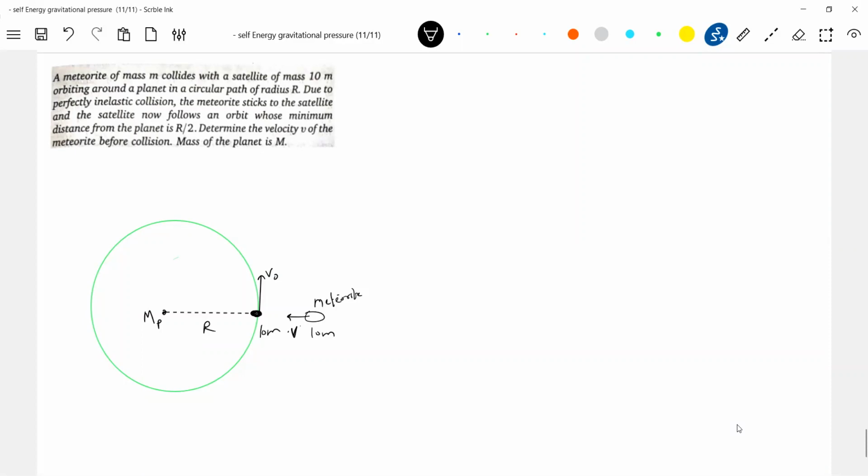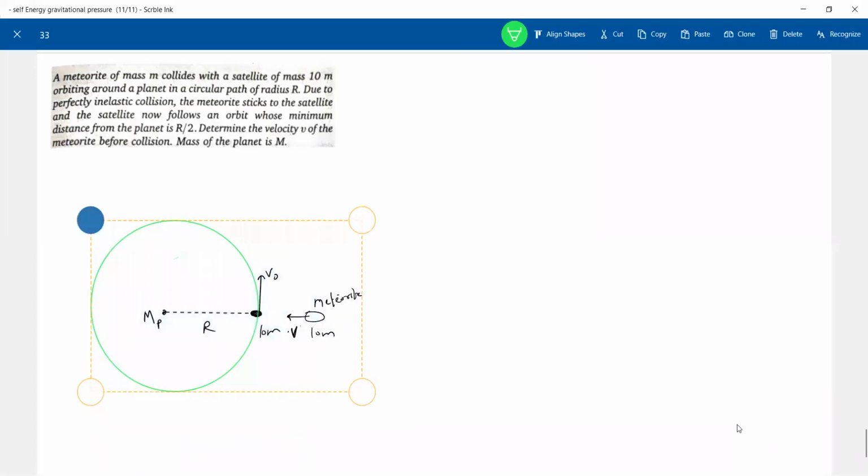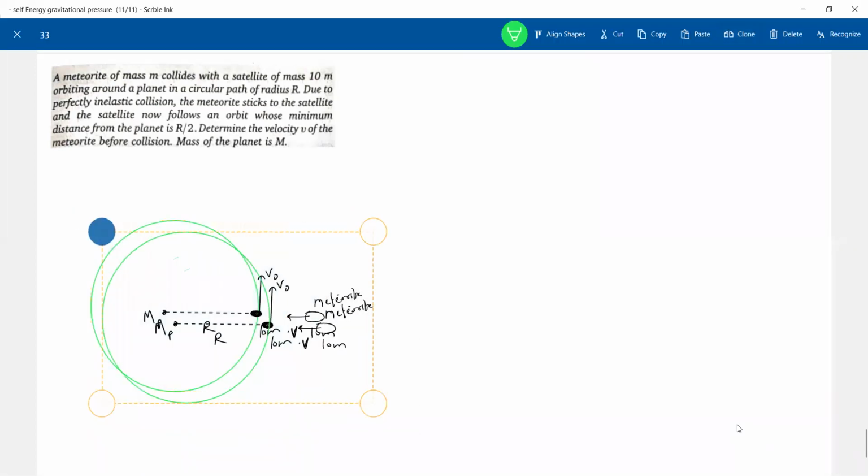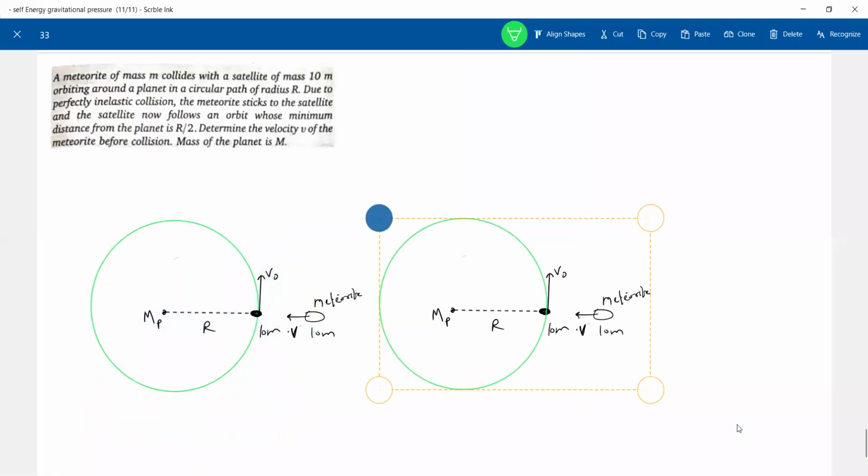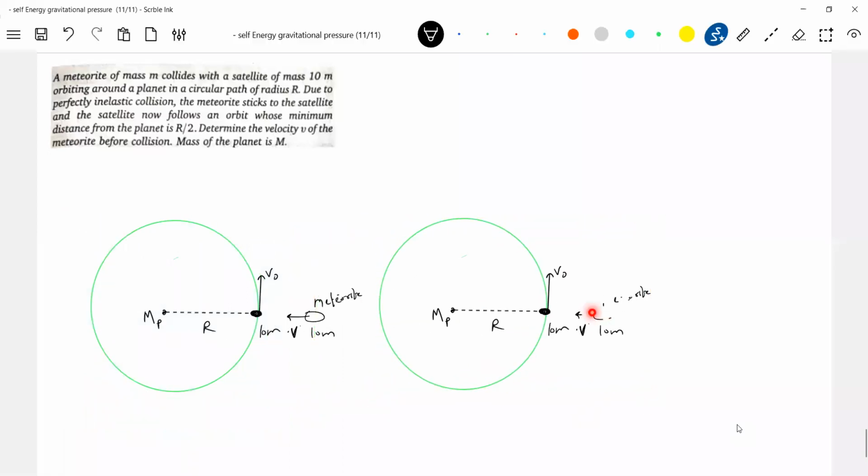What will happen after collision? They'll get stuck. No, the meteoroid mass is m.